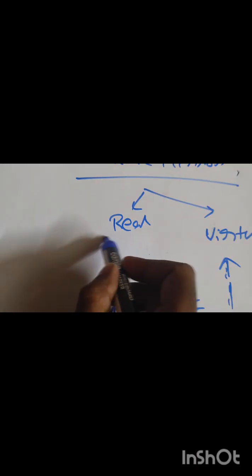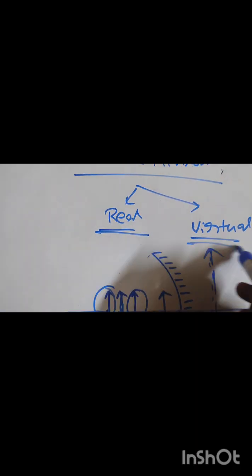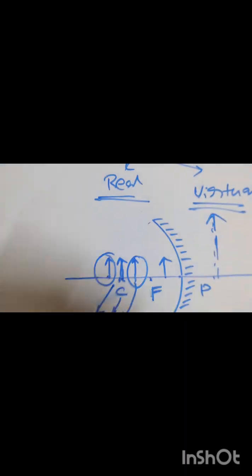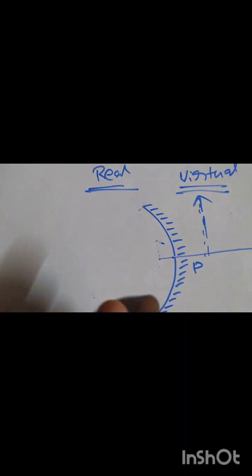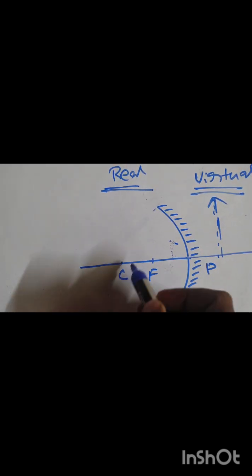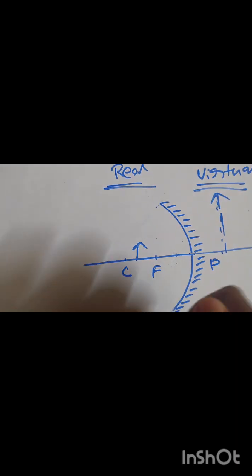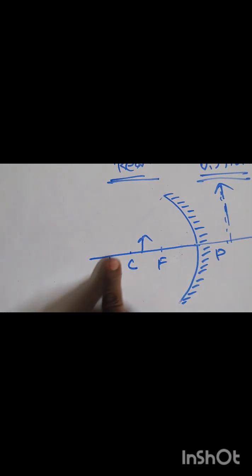A concave mirror can produce both real as well as virtual image. I'm telling the positions. If the object is standing between C and F, the concave mirror will produce a real image beyond C. If the object is standing beyond C, then the image will be produced between C and F, and it is a real image.